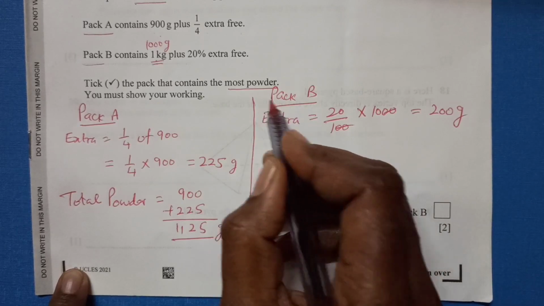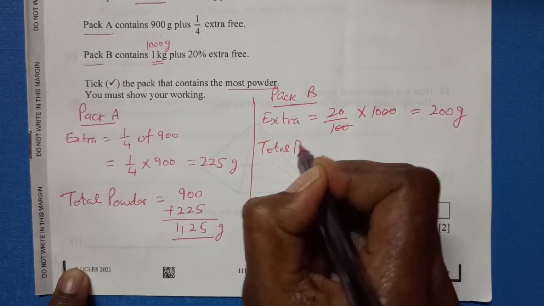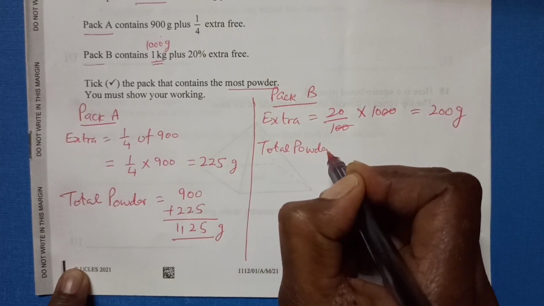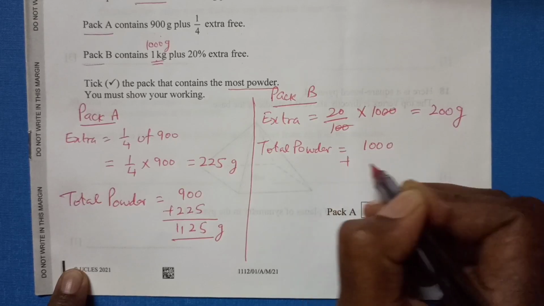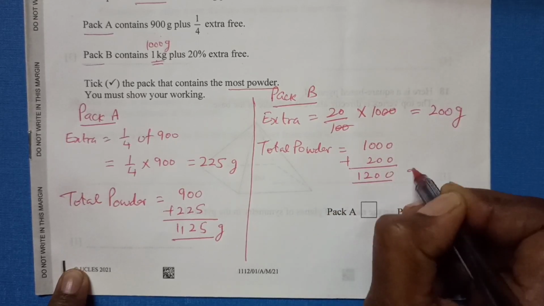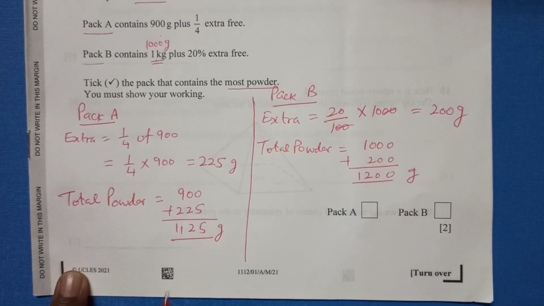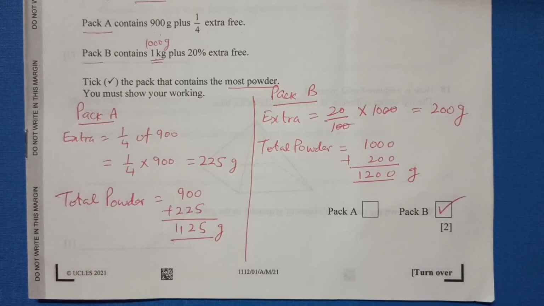It was 1000 grams before, so the total powder in packet B is 1000 grams plus 200 grams, so 1200 grams. Which one has greater? Packet A is 1125, so greater is packet B. So we will tick pack B. I hope you understood this. Let's move to the next question.